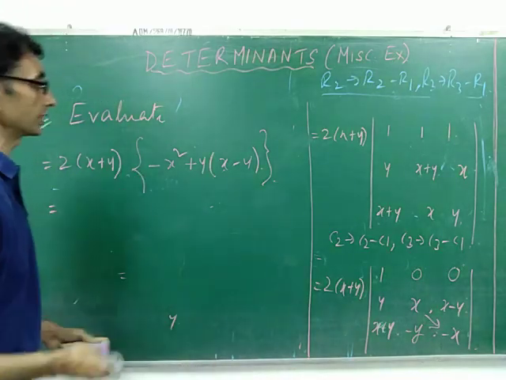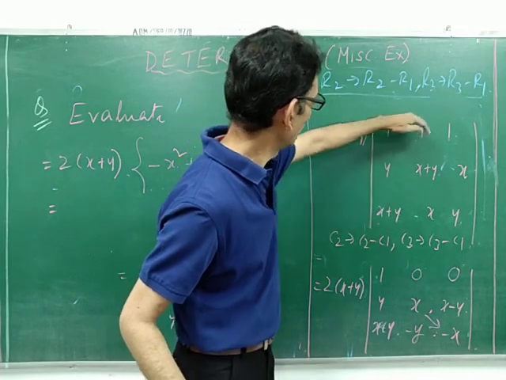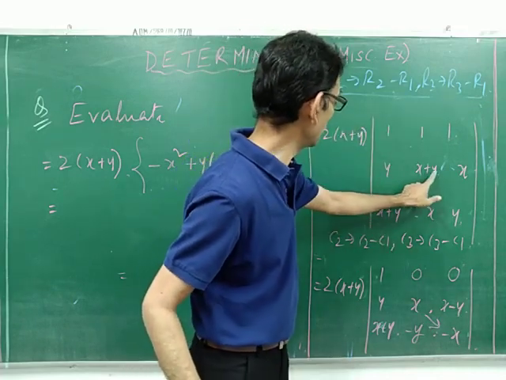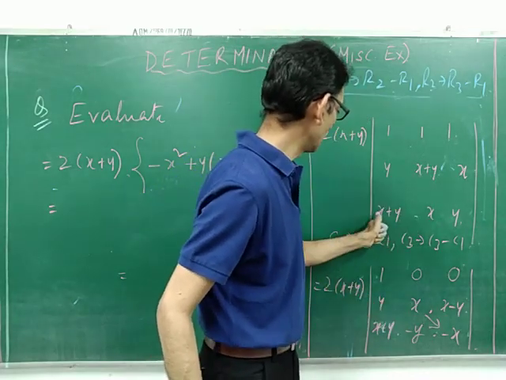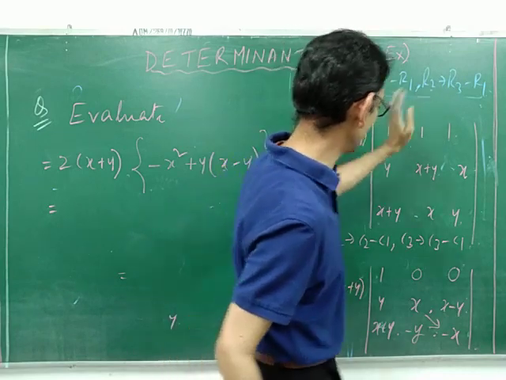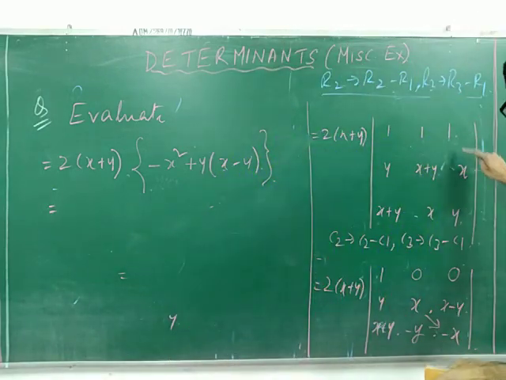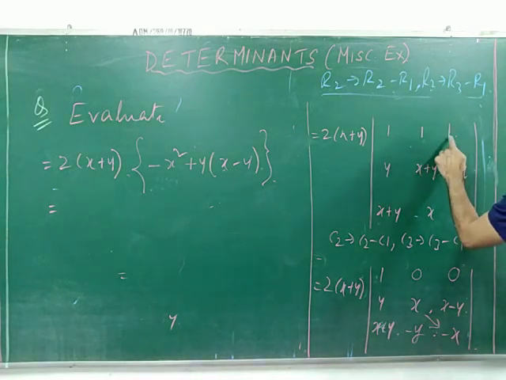Okay, let us check the steps. Here 1, y, x plus y, 1 minus 1 is 0, x plus y minus y. Okay, here x will be left out. Then x minus y, it's minus y. And what are the steps here? The third column should be 1, x, y. So the third column we are subtracting from 1 minus 1.